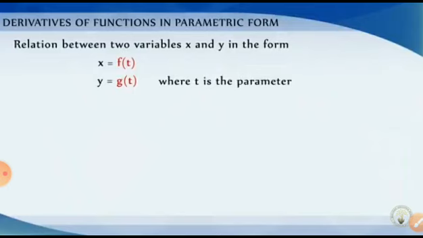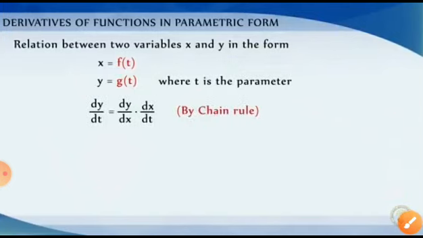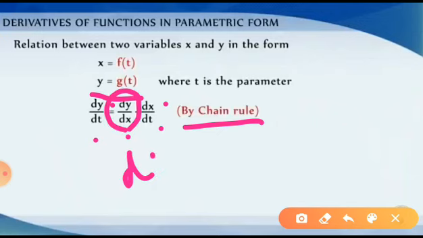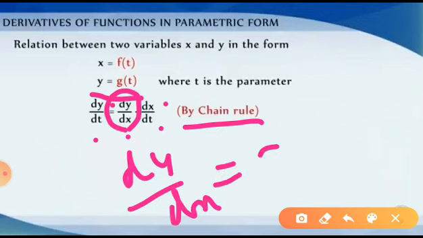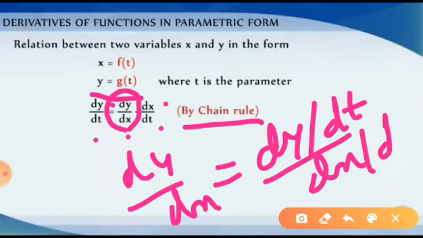Suppose we have been given that x and y are expressed in terms of t, where t is the given parameter. Then dy by dt, how can I write it? By using chain rule, I can write it as dy by dx into dx by dt. That means my dy by dx is equal to dy by dt divided by dx by dt.